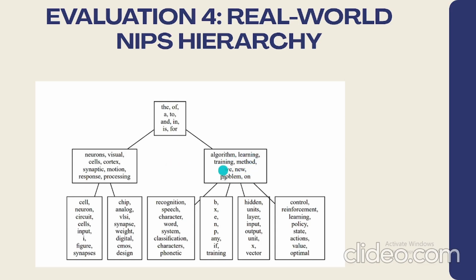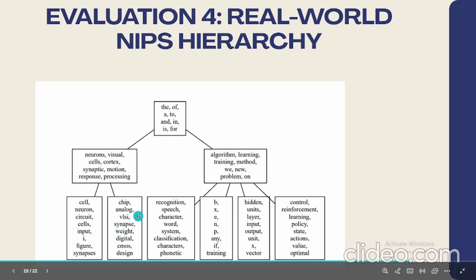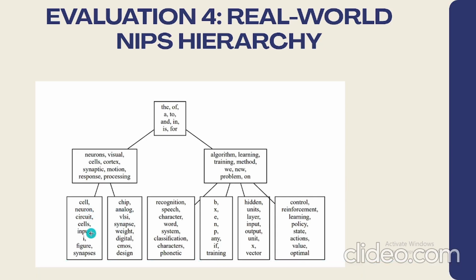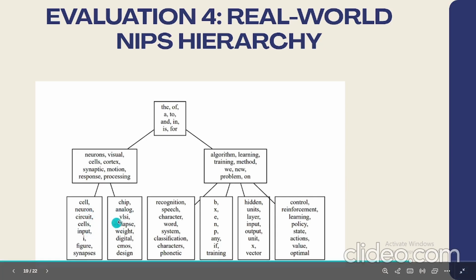In machine learning, we have words like algorithm, learning, training, method, while in neuroscience, we have neurons, visual, cells, cortex. Then further, the model isolates niche-specific topics like synapse design or reinforcement learning.